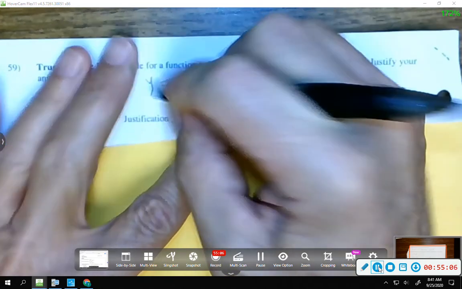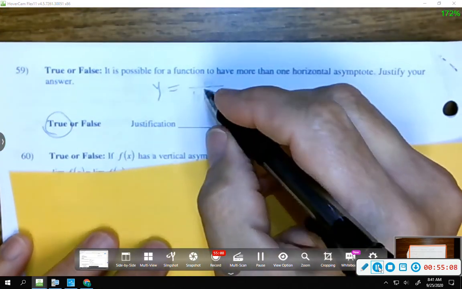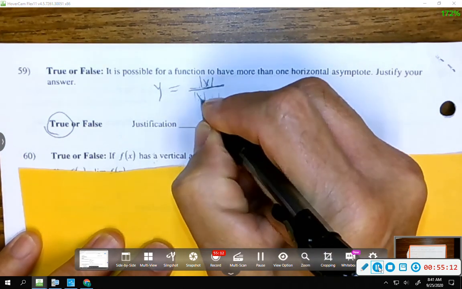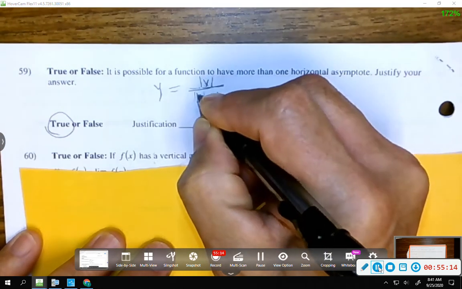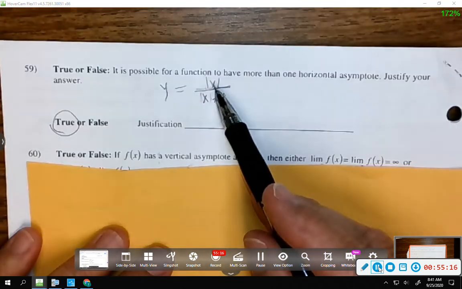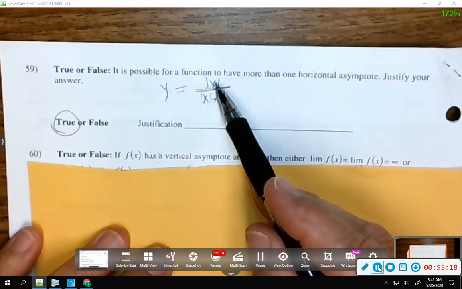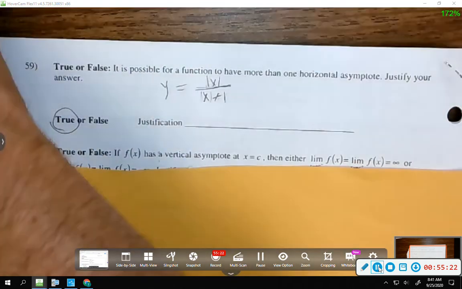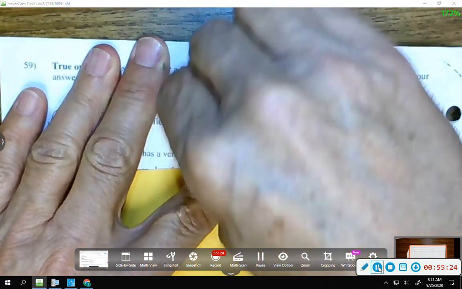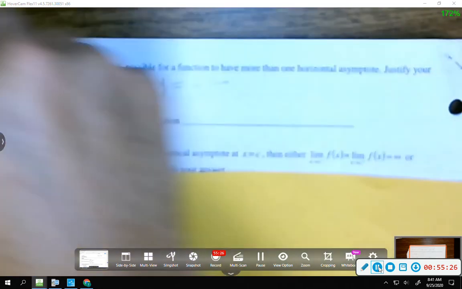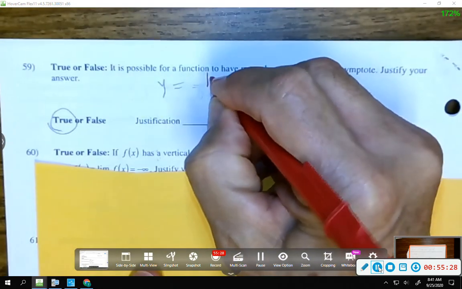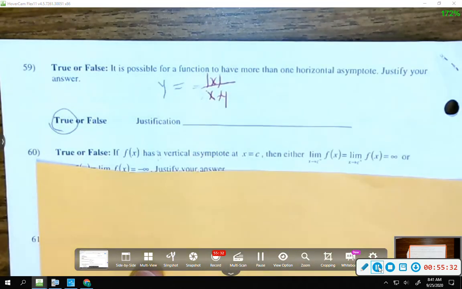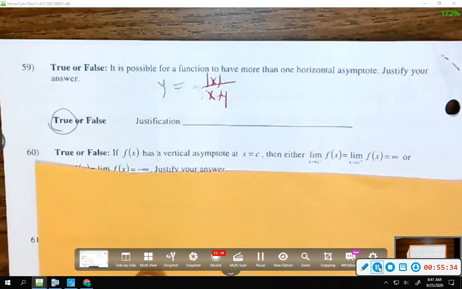If we have the absolute value of x over x plus 1, no absolute value on the bottom, right? This will have positive 1 as a horizontal asymptote and negative 1 as a horizontal asymptote. So the absolute value of x over x plus 1 is a good example. Okay, there's a good example. All right, so that's my justification.